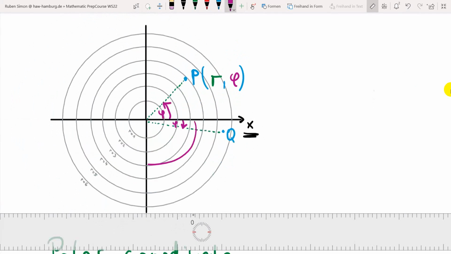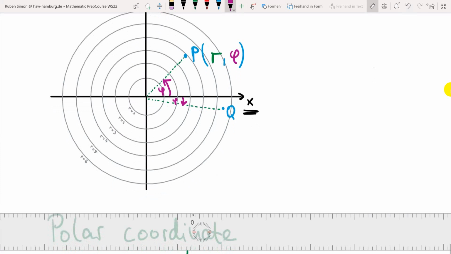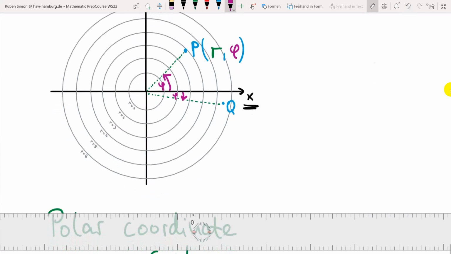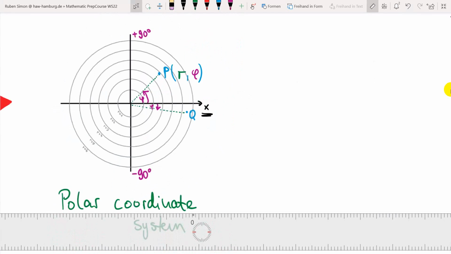So if you're going down this way, clockwise, you will end up with a negative angle. And if you go up counterclockwise, like with point P, this will make a positive angle phi. That's why you will have plus 90 degrees for phi for every point on the y-axis in the upper half of the coordinate system, and negative 90 degrees in the lower part of your polar coordinate system.